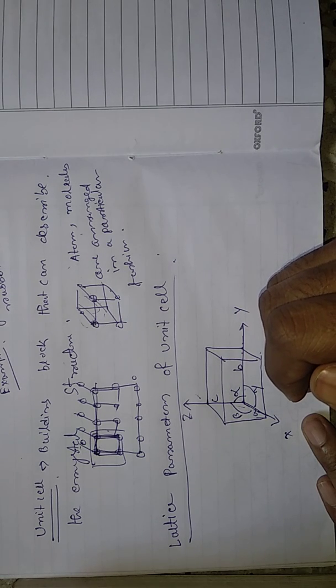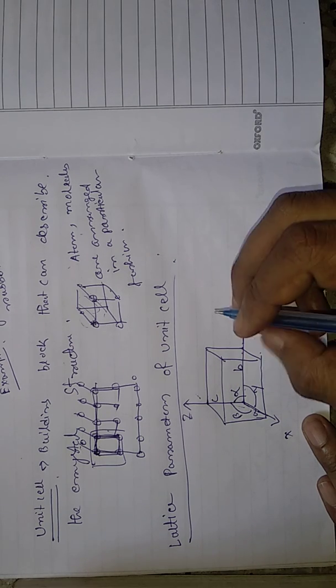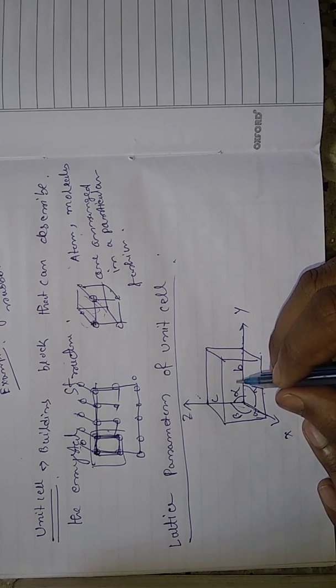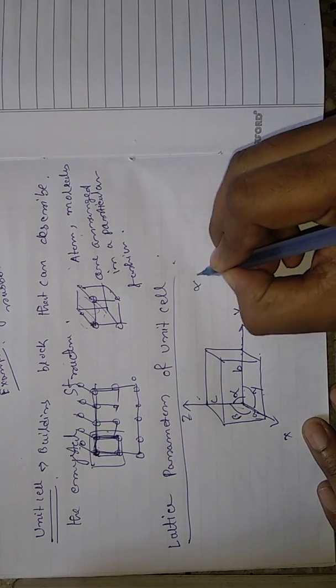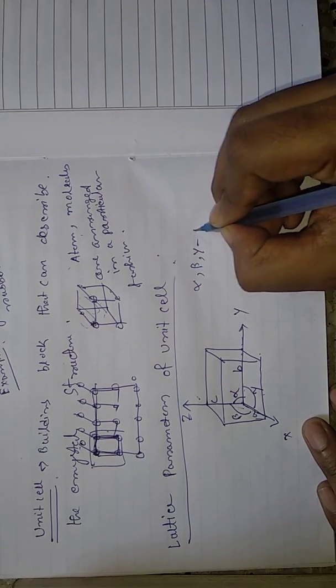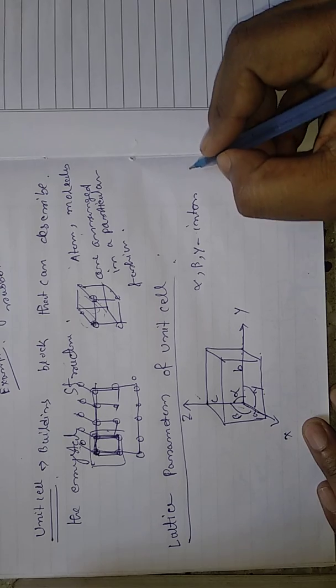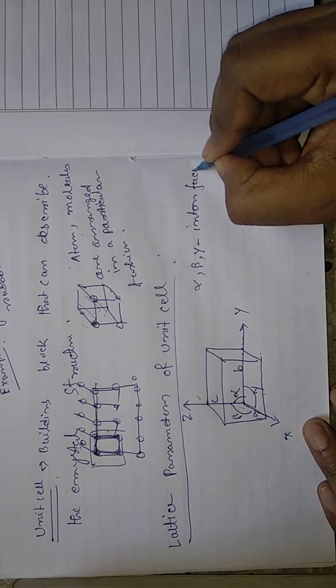The three angles are alpha, beta, and gamma, also called interfacial angles.